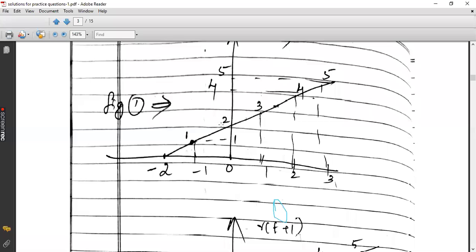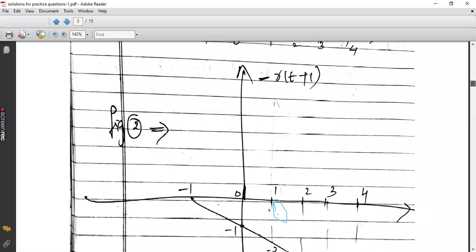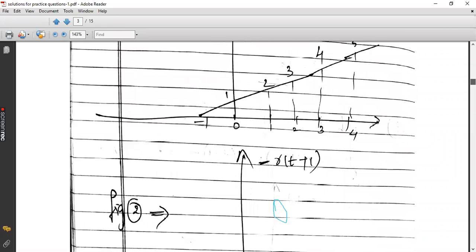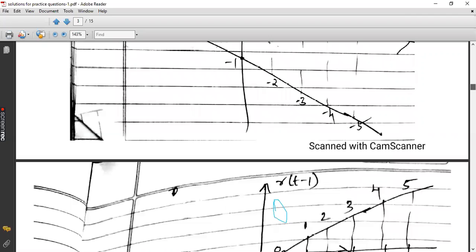But here the amplitude is 2. You can see the amplitude is 2 in figure number 1 at time t equal to 0, whereas in figure 2, the amplitude is minus 1. And see the two patterns. One is a positive ramp, the other one is a negative ramp.